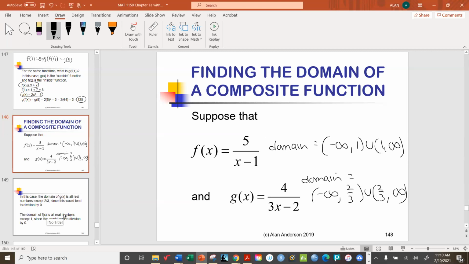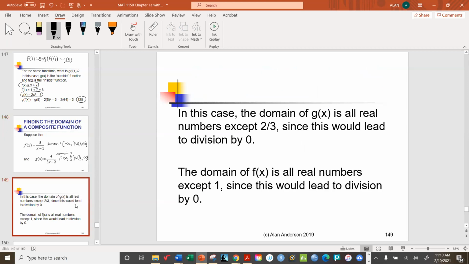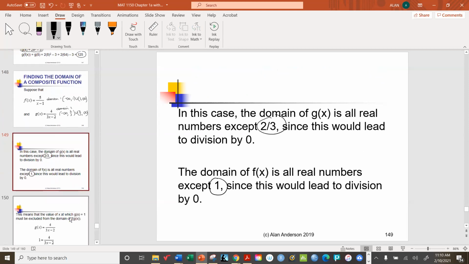But what we're really interested in is not the individual domains, but the domain of the composite function. We already know that the domain of g(x) is every number except 2/3, and for f(x), it's 1. So what does that tell us when we bring them together?